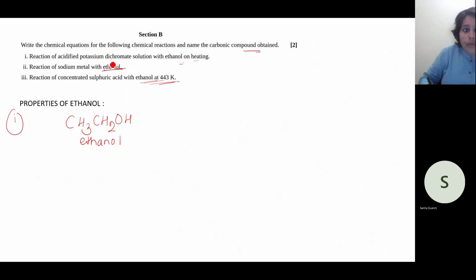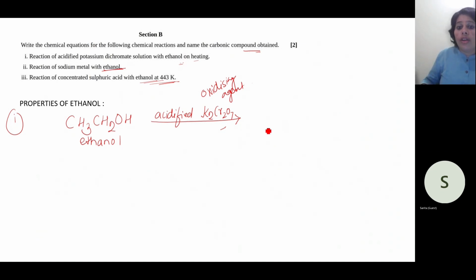Ethanol. So what will acidified potassium dichromate solution do? What is this? Acidified potassium dichromate, K2Cr2O7. This is an oxidizing agent. What is the function of an oxidizing agent? It will add oxygen. It will oxidize alcohol.